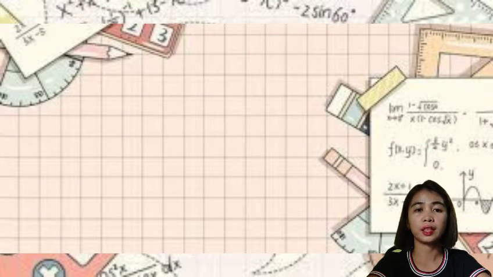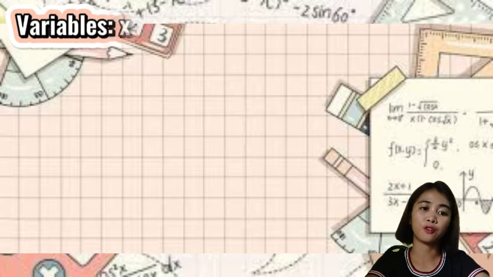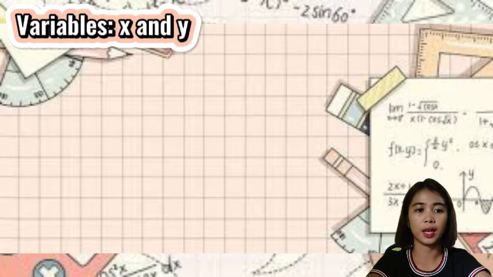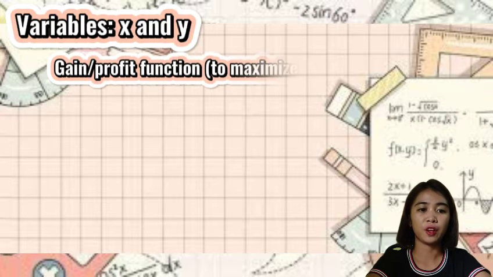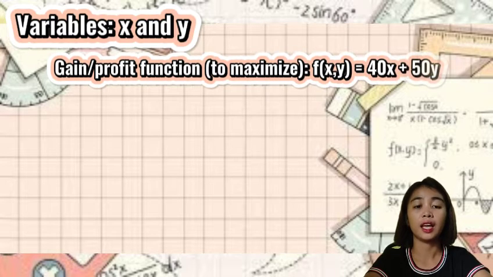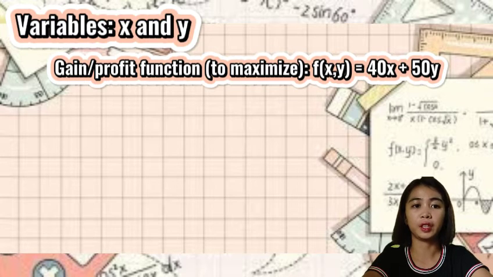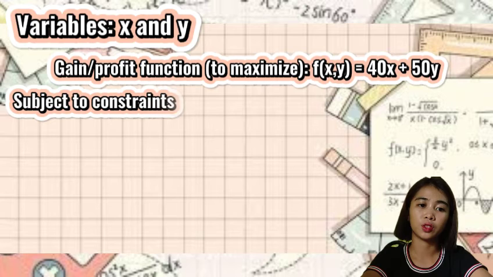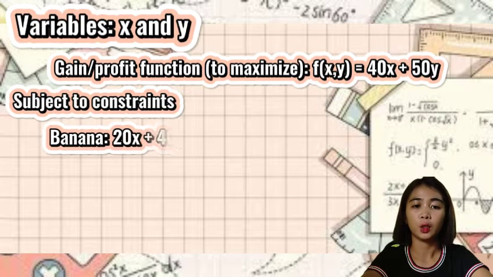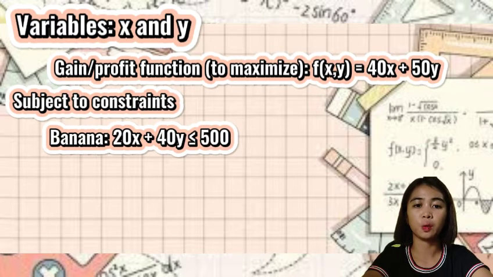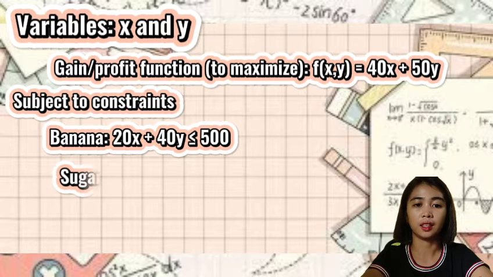So now we will create a mathematical model for this problem. Our variables are x and y. The gain or profit function to maximize is f of x and y equals 40x plus 50y. The constraints are: banana, 20x plus 40y is less than or equal to 500.